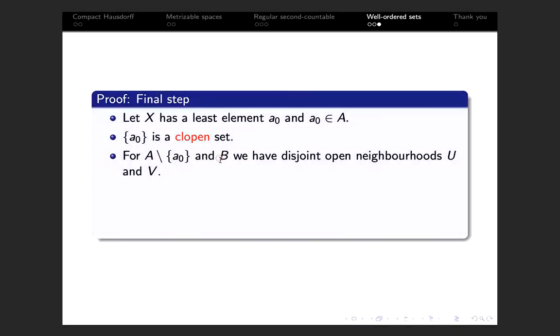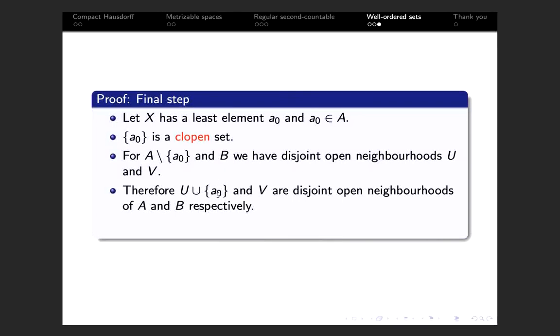So now we consider U union the singleton set {a naught}, and V. Then this is open, this is also open, and they are disjoint neighborhoods of A and B respectively. So this completes the proof.